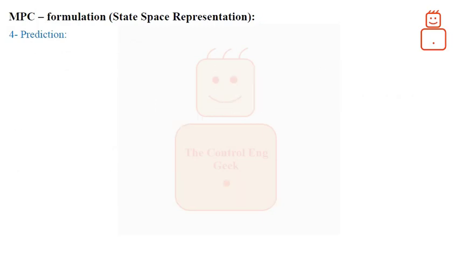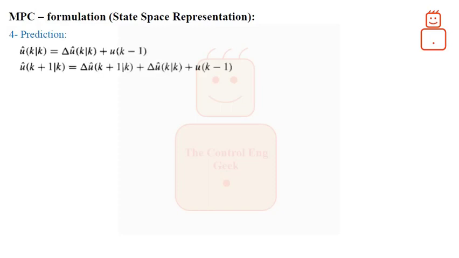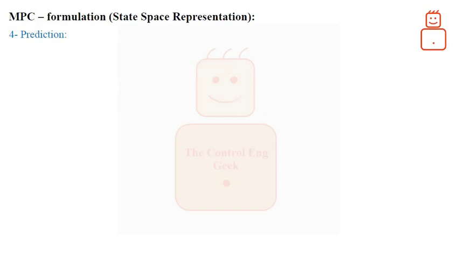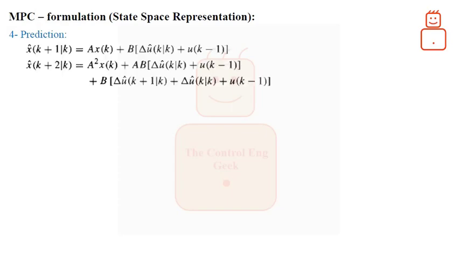This can be done as we have u hat of k at k as, and u hat of k plus 1 at k as, and all the way down to u hat of k plus hu minus 1 at time k. Thus we can have the new prediction forms as x hat of k plus 1 at k, x hat of k plus 2 at k, where the last term is just u hat of k plus 1 at k.